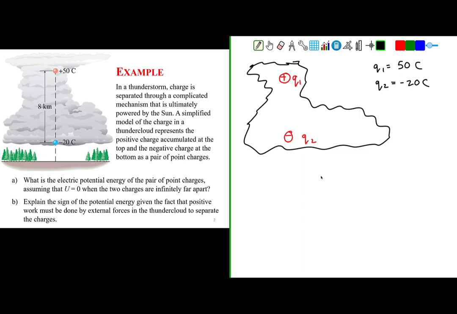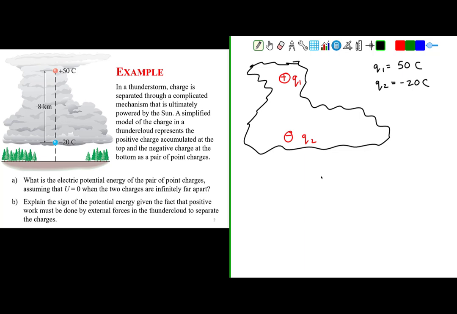Now, how thunderclouds work is typically a thundercloud will end up having a net charge. In this situation, there is a net positive charge at the top of the thundercloud. So if the charge separation was great enough, you would often expect some discharge between those two portions of the cloud.